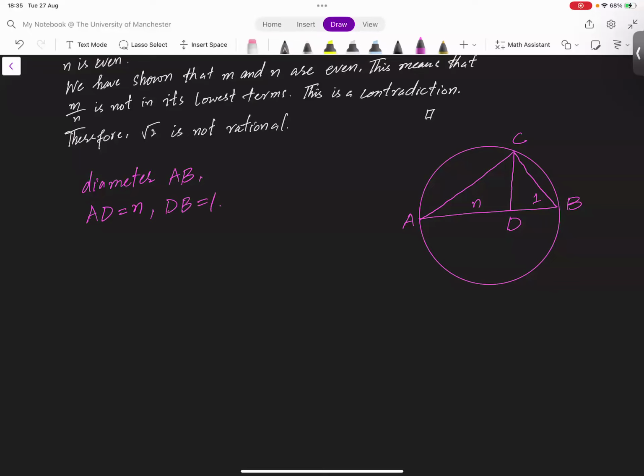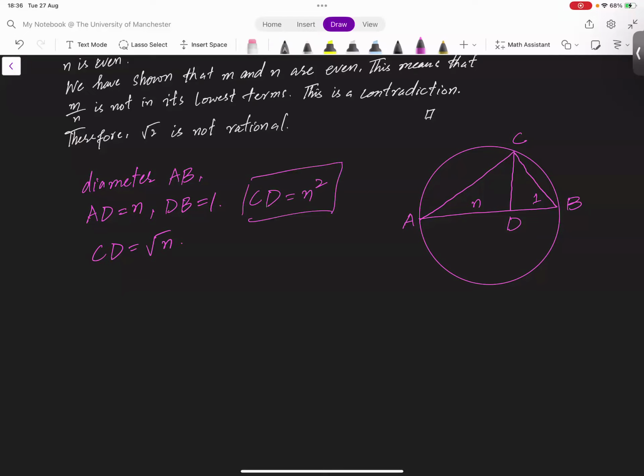Now we'll use the Pythagoras theorem in the right angle triangles BCD and ABC to show that the length of CD has a square equal to n, and hence CD is under root n. You can use the Pythagoras theorem to find this, and then you will conclude that CD is under root n.